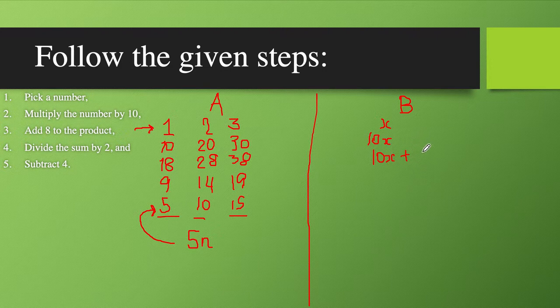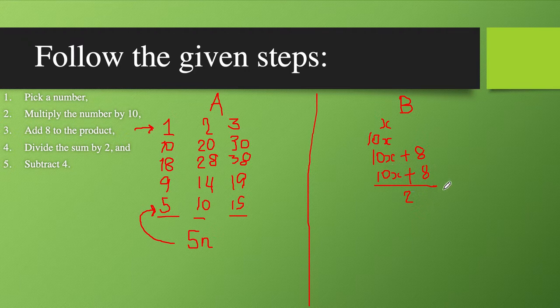We cannot put the 8 in the coefficient because that would be multiplying. It is a separate term because they're not like terms. And then we divide the sum by 2. So that gives us 10x plus 8, all over 2. And then we subtract 4 from that.